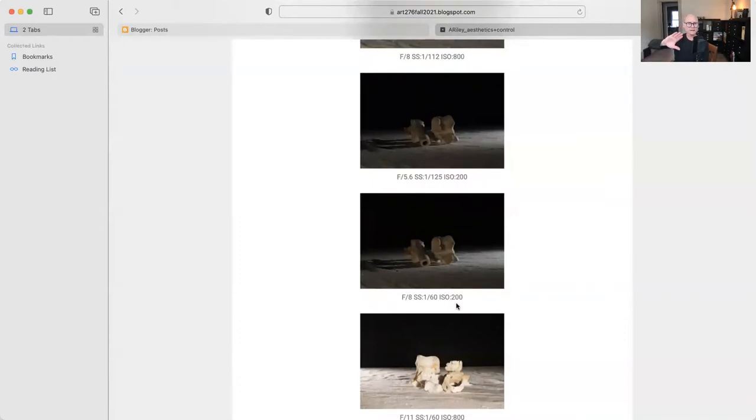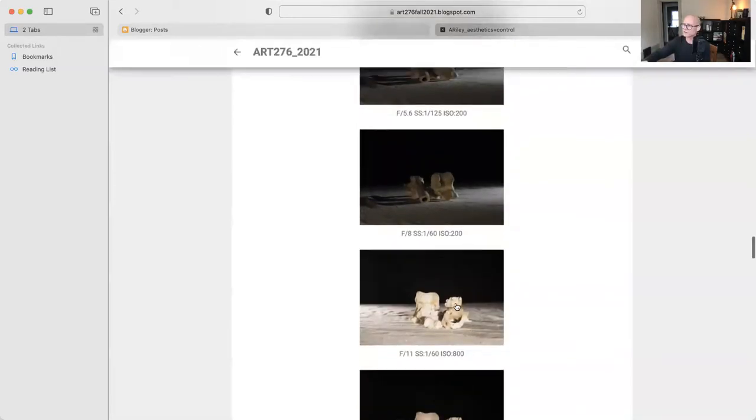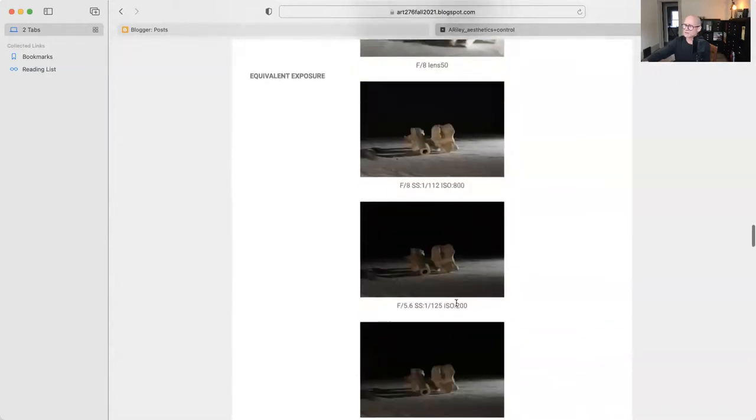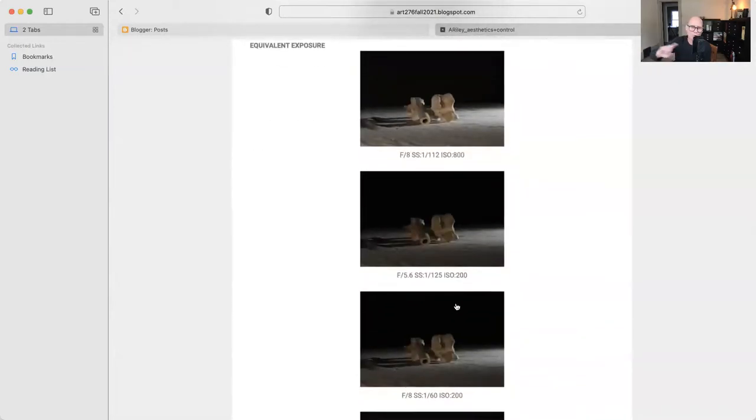Then we asked you to move the aperture in one direction by 2 spots or 3 spots, and then compensate in the other direction by the equivalent exposure to get the exposure to be equal. Now you can see your exposures are varying a little bit here, which tells me that you didn't quite get it exactly right.